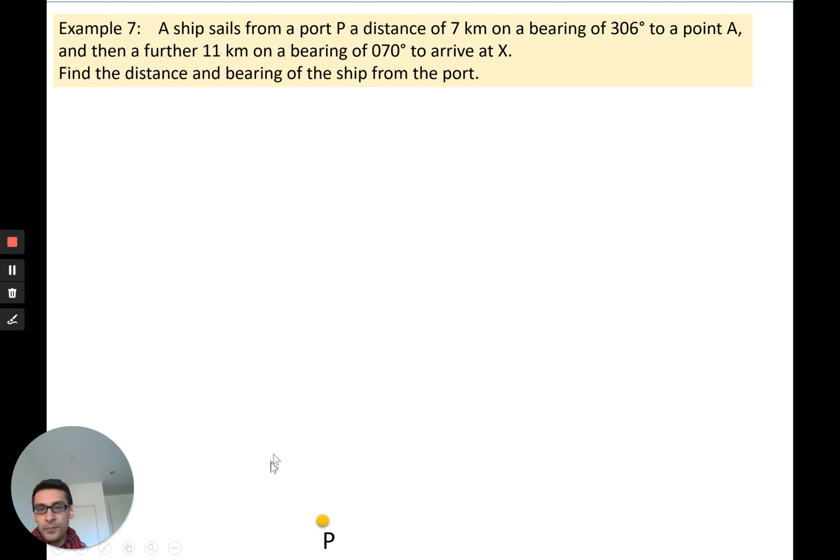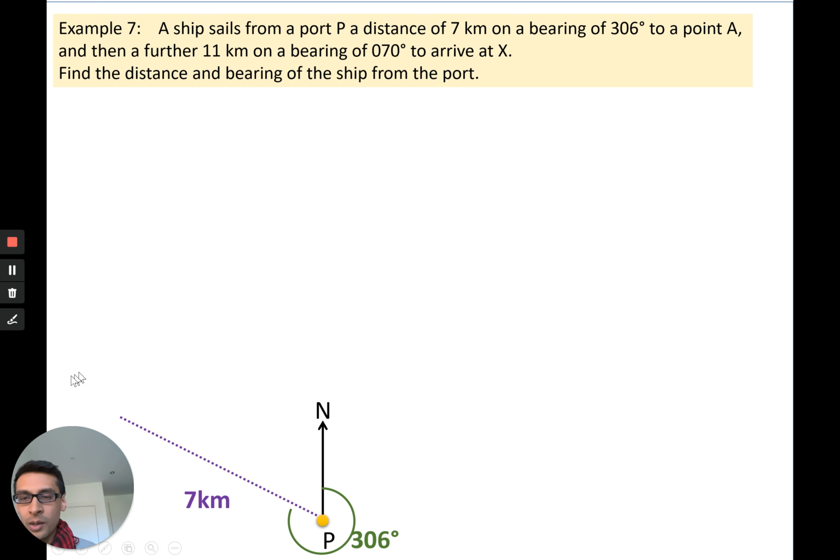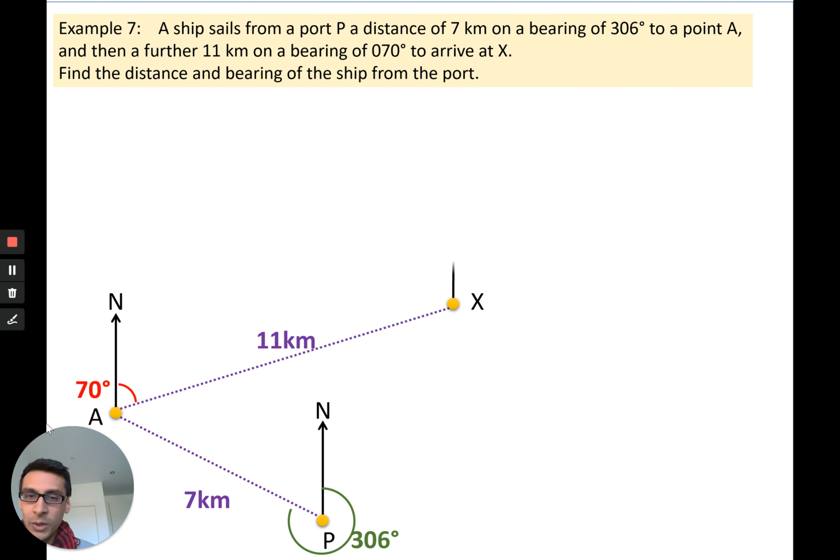Okay, so your diagram, you start north, you can 60 degrees means you're going up and left by 7 to point A, and then it's 70 right sort of when you're here, and you can just complete this shape by finding out the angle here.